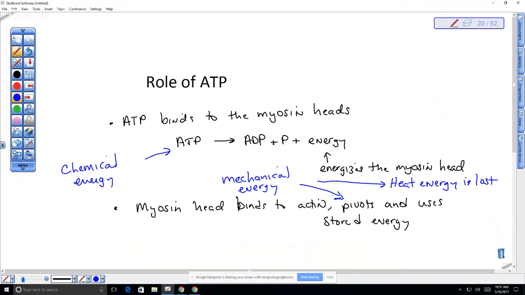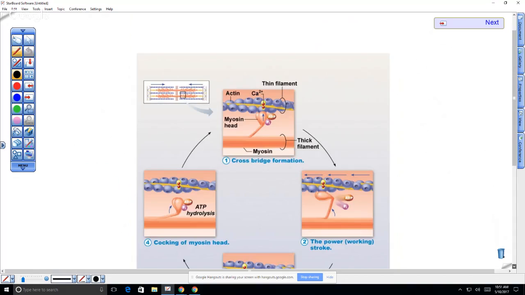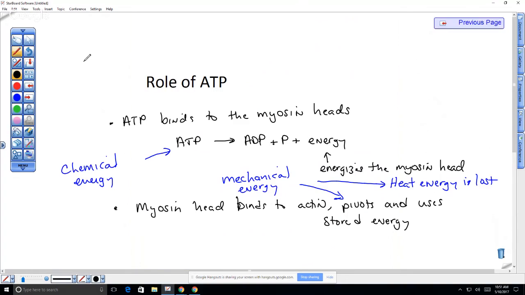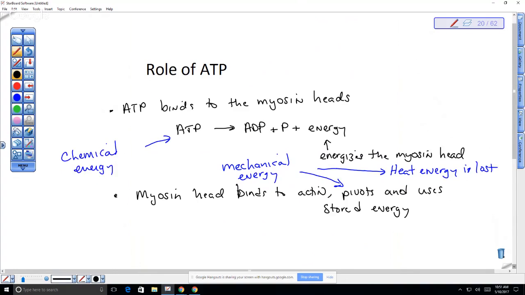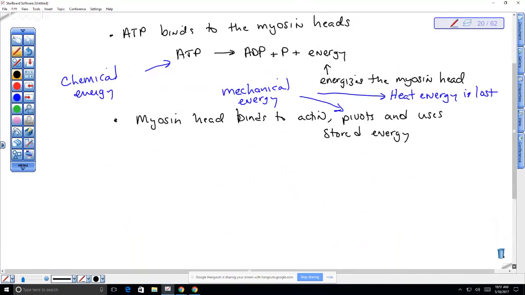Okay, so the other thing that's important to realize, and I'm not sure why this is the case, let me go back. In order for the myosin head to unattach from the actin, another ATP molecule must be bound, okay?